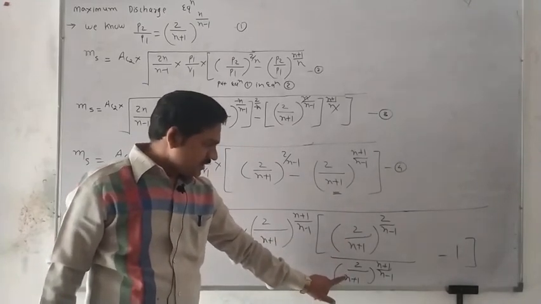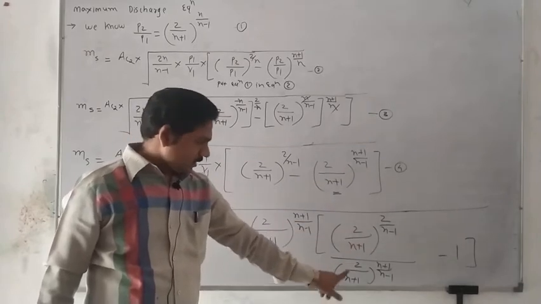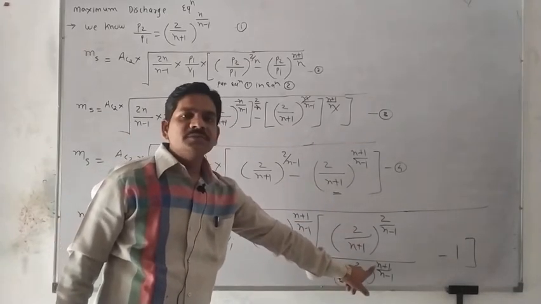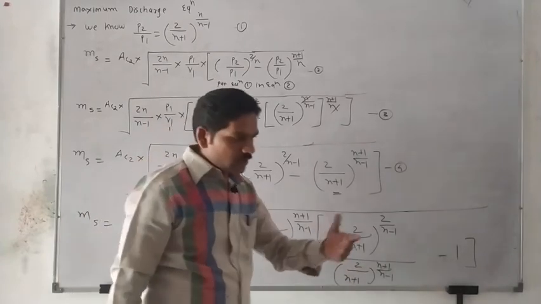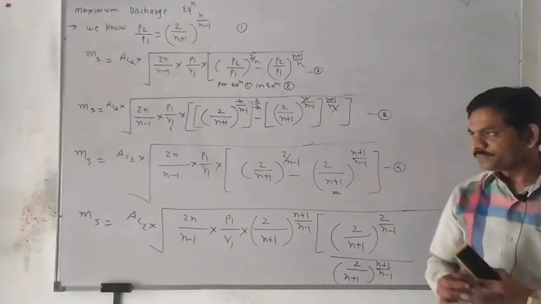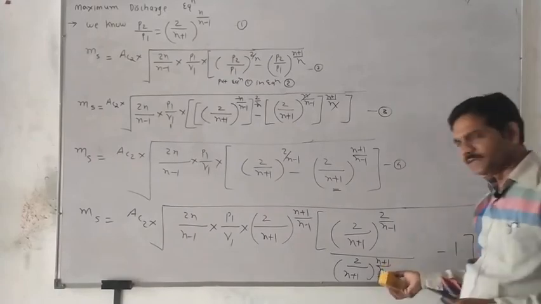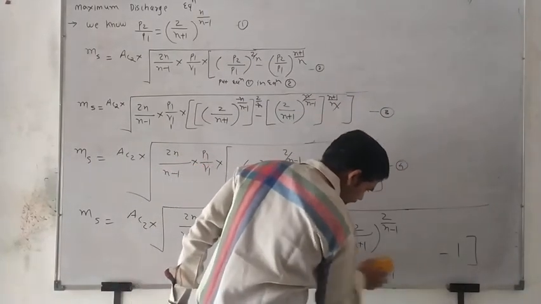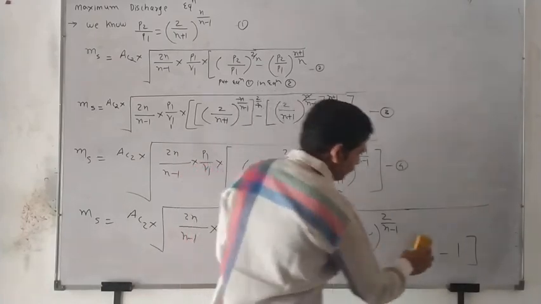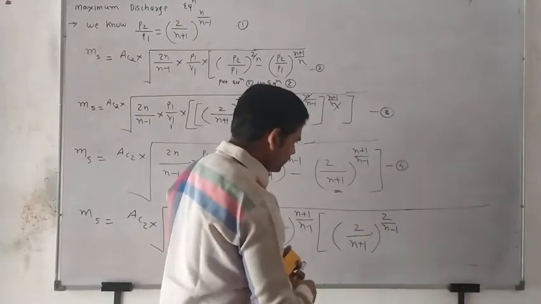When you shift this term to the numerator, this term becomes minus, because we know that plus becomes minus. I do this step directly here, not writing an extra step, because from the video you can easily understand that.